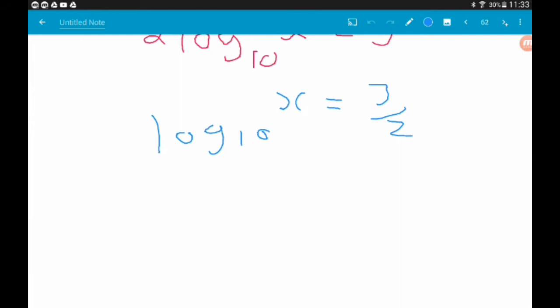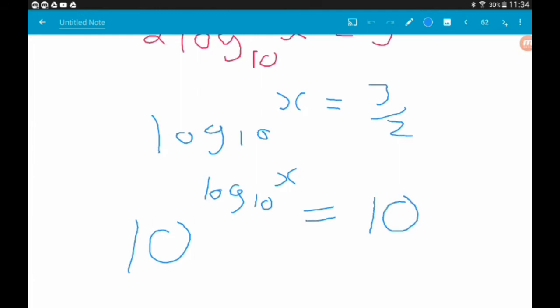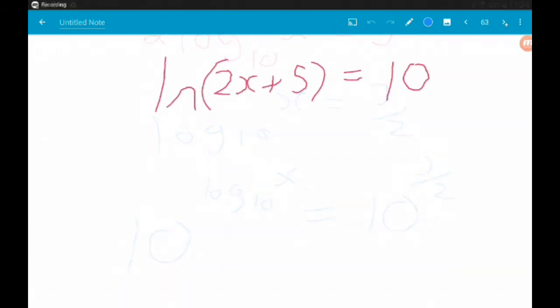So we get 10 to the power of log base 10 of x is equal to 10 to the power 3 halves.